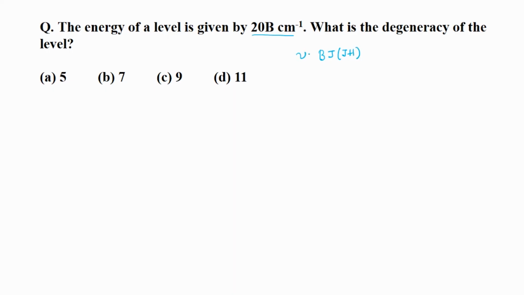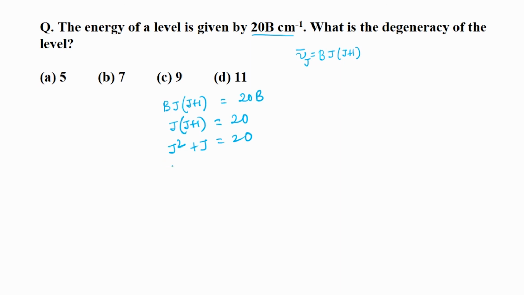This is the nu bar j. So, here we have B j times j plus 1 equals 20B. So, we have j times j plus 1 equals 20, or j squared plus j equals 20.